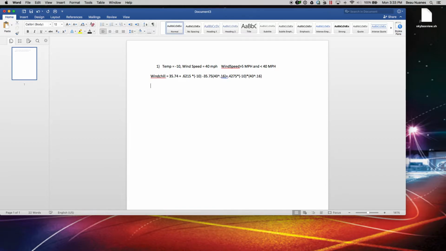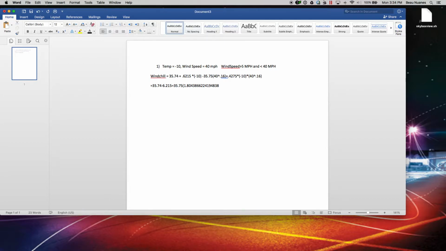When we start doing all that math, we're going to get 35.74. Now I'm going to use a bunch of digits of precision here just to keep my result as accurate as possible. So 35.74 minus 6.215 minus 35.75 times 40 to the 0.16, which is 1.804 and so on.